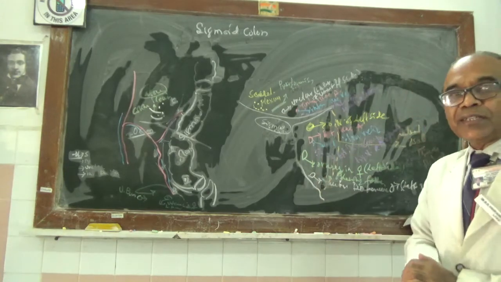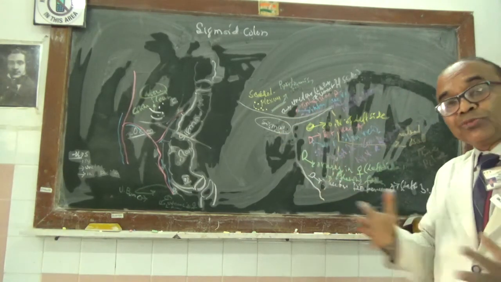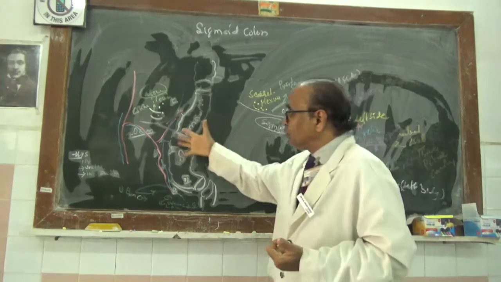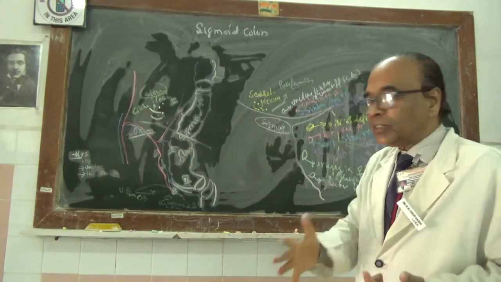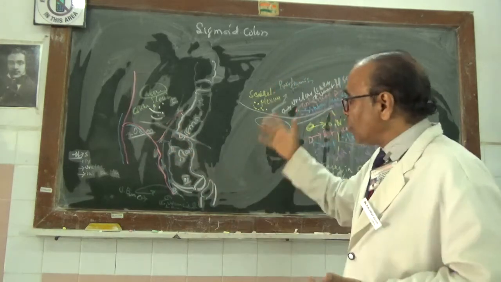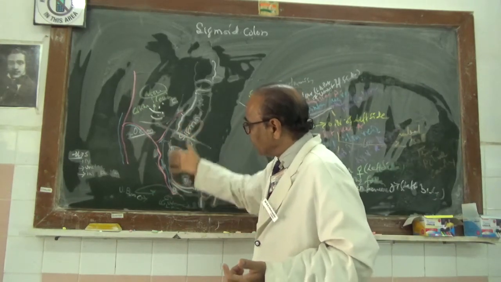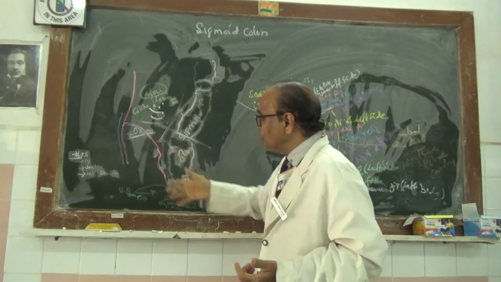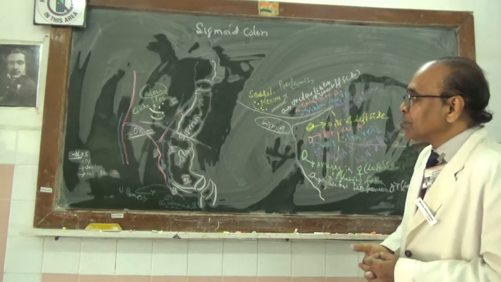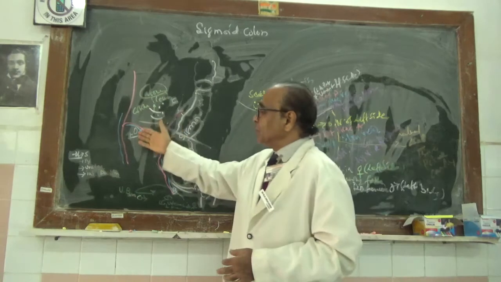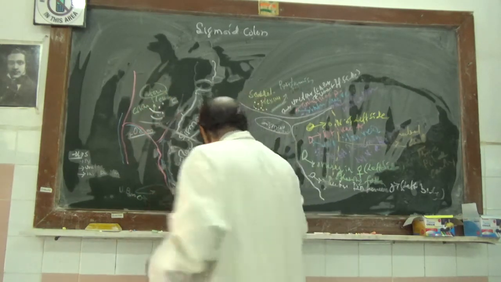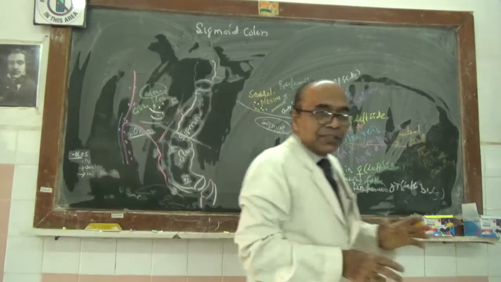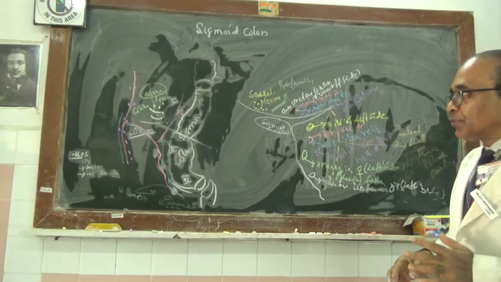Now coming to the lymphatic drainage. Lymphatic drainage of the sigmoid colon is much more rich. It has superficial and deep lymphatics. They drain from the internal layers and attach to the superior and inferior afferent and efferent nodes, which run hand in hand with the ascending and descending branches of the sigmoid arteries, then into the sigmoid nodes, and go into the lymph vessels and lymph nodes present along the inferior mesenteric vessels in the mesentery.